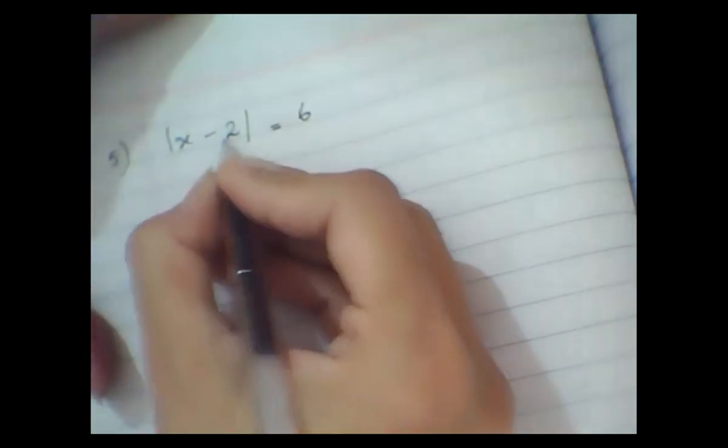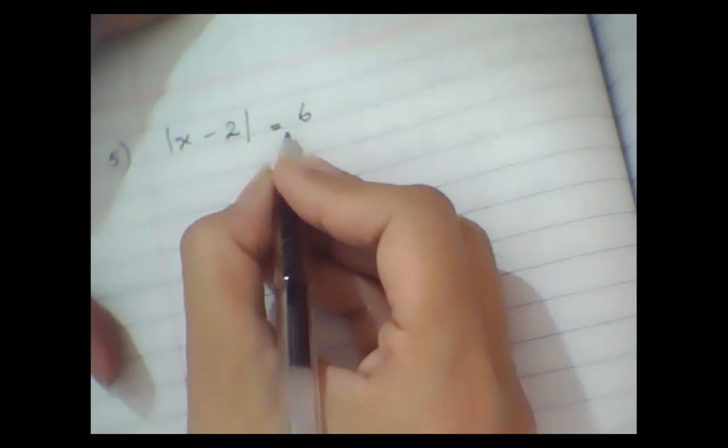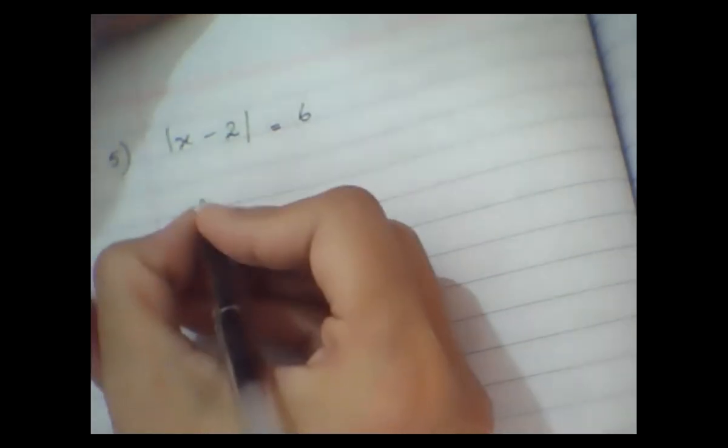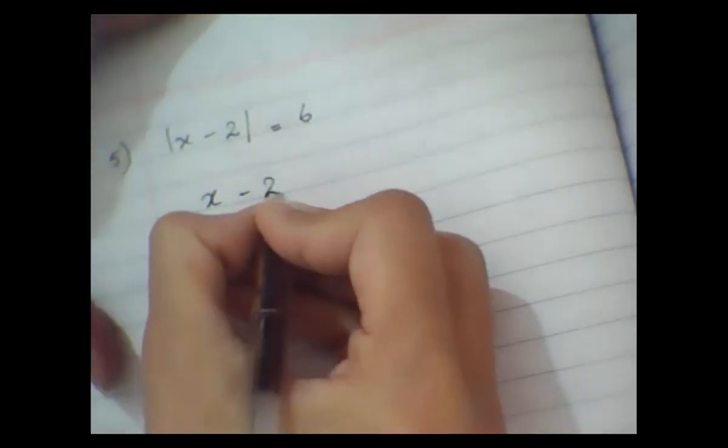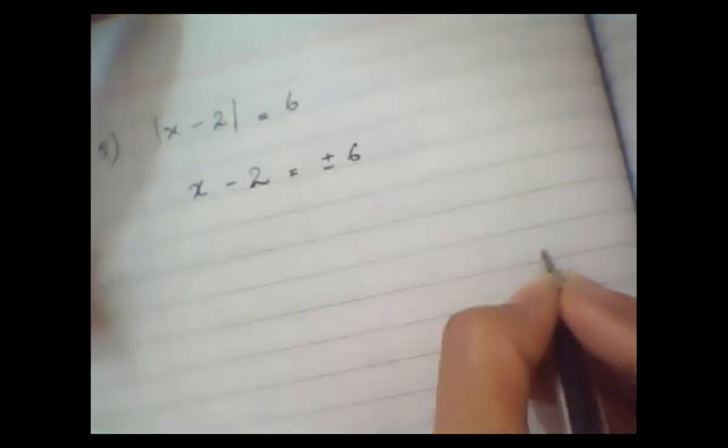So here I am showing you. Find the solution set when the question is mod x minus 2 is equals to 6. When we remove the mod, we get x minus 2 is equals to plus minus 6. Am I right?